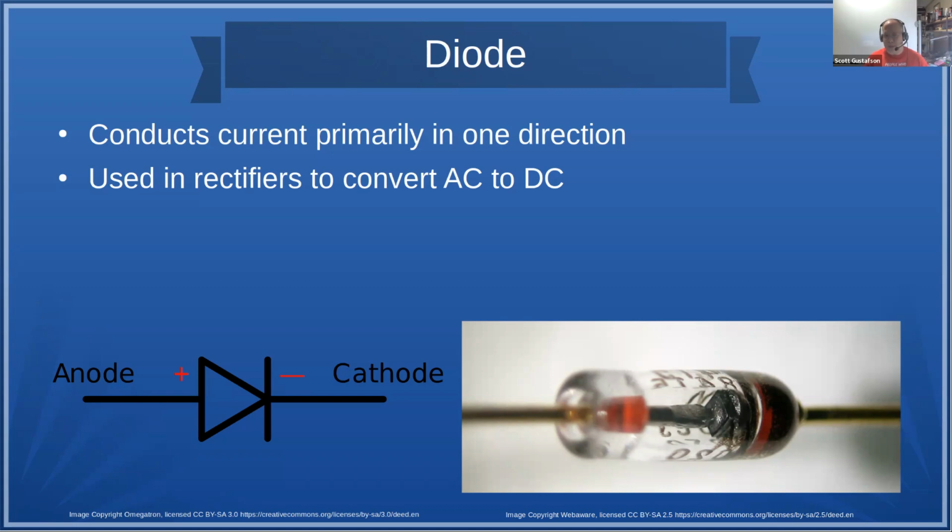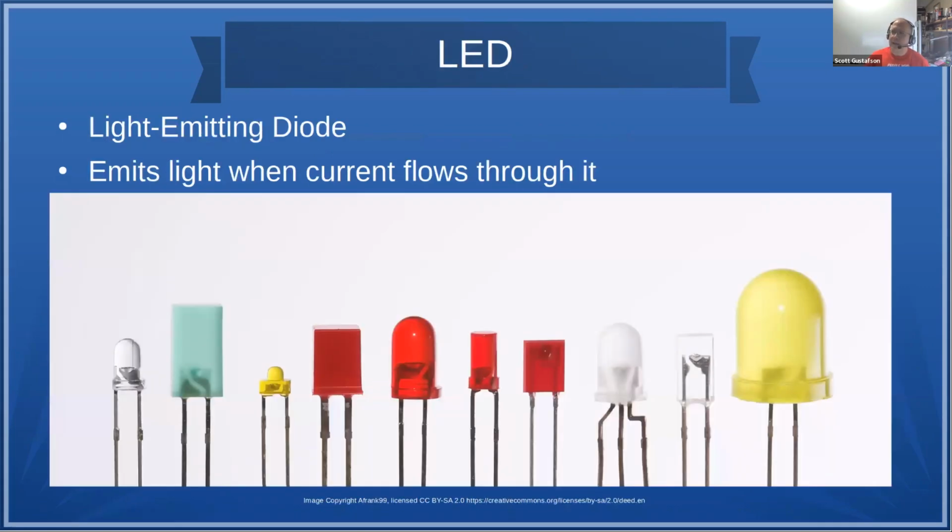That just tells you where the cathode is, so you know. LEDs are diodes. It's a light emitting diode. When the current flows through it, light comes out of it. So this is why we care about what diodes are, because we use them all over the place. You may not know all of that. You may just call them LEDs, but they're actually diodes under the hood.